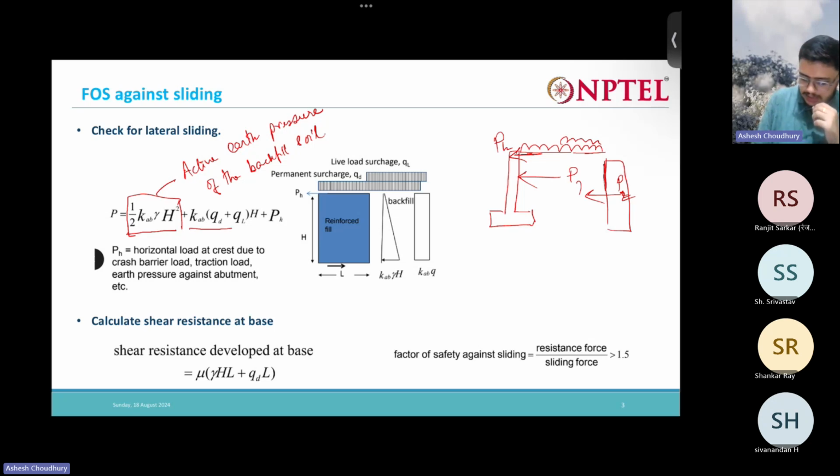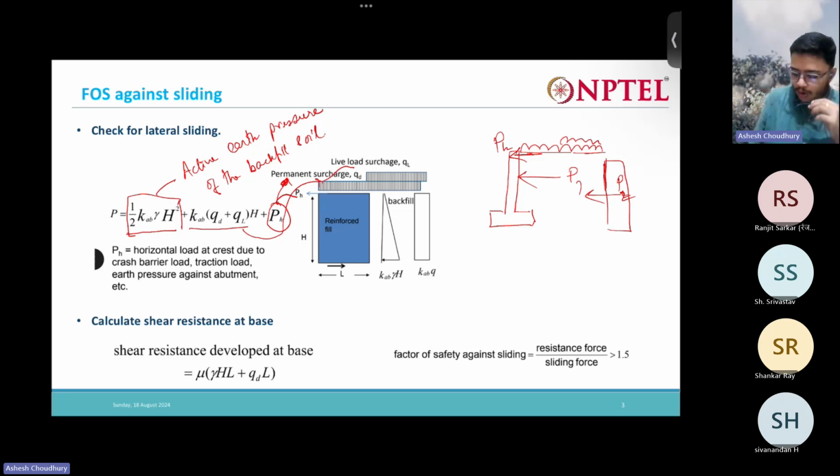Then this is coming from the active earth pressure from the surcharge, the permanent surcharge and the live load surcharge, right? And this PH is the horizontal force, coming from, say, the crash barrier load or something like that. So all these three horizontal loads you need to consider for the lateral sliding.